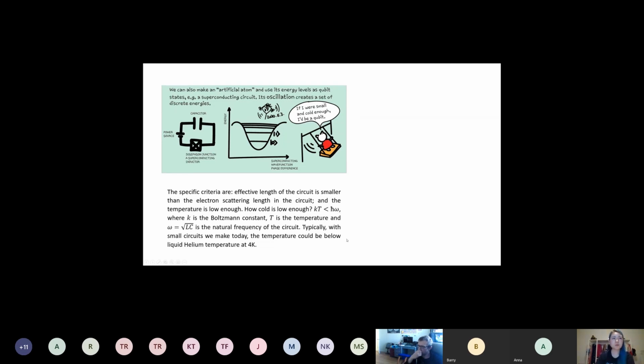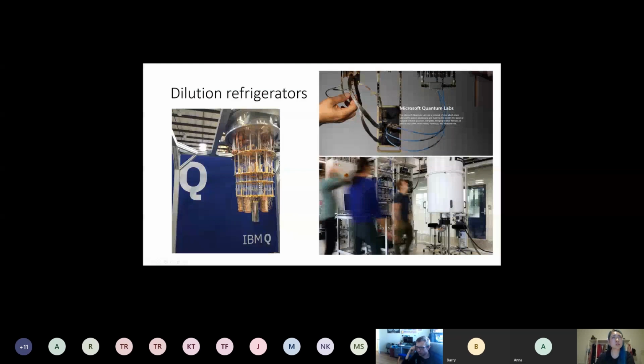So typically we have a lot of these superconducting circuits or any quantum circuits that need to be cooled down below liquid helium temperature. And I will show more about this in a bit. So this is what people use: the dilution refrigerator.